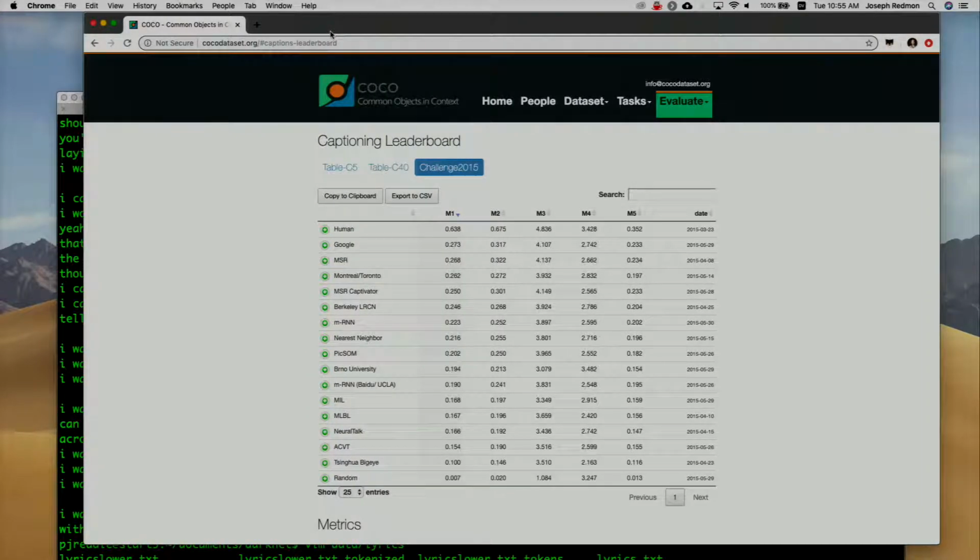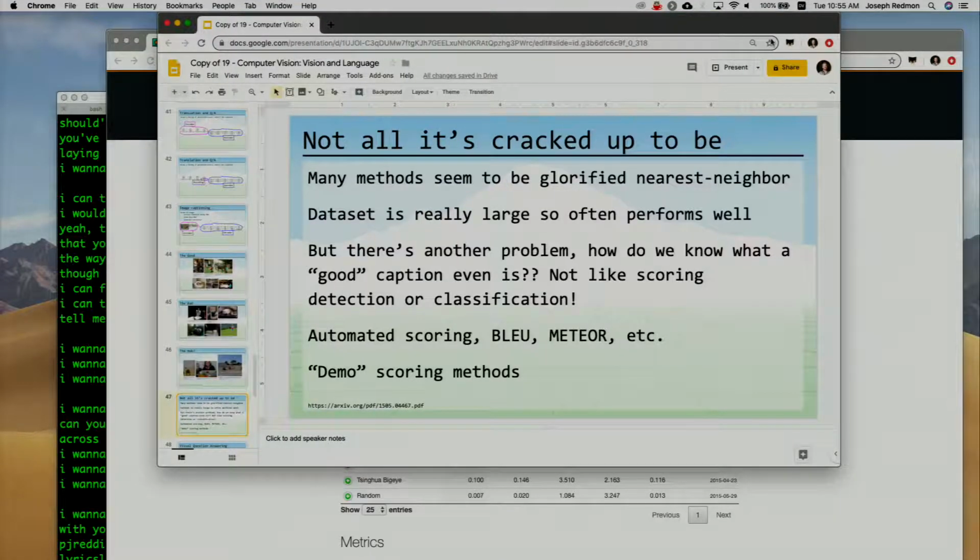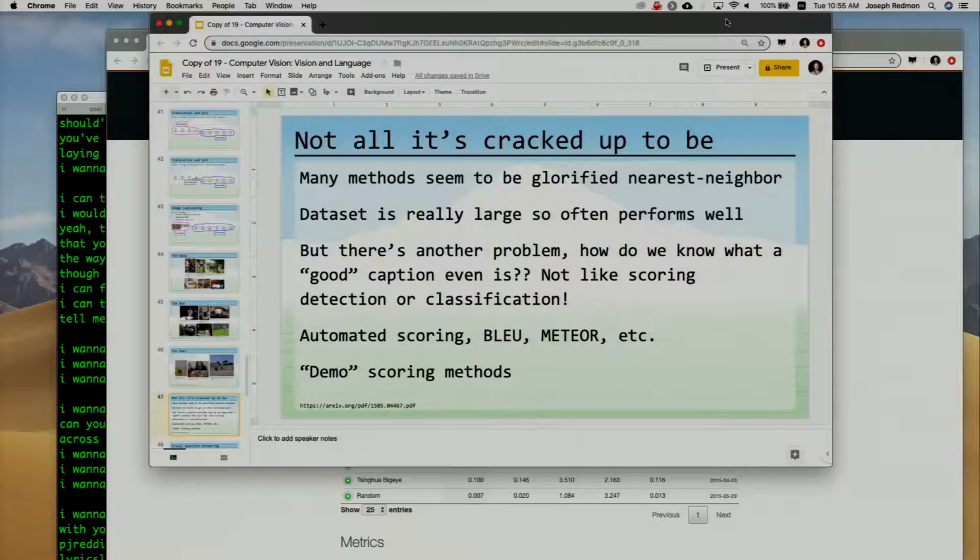But if you're trying to evaluate your own method, it's not really plausible or feasible to always have humans in the loop doing this evaluation, or judging whether or not you've developed a good caption.